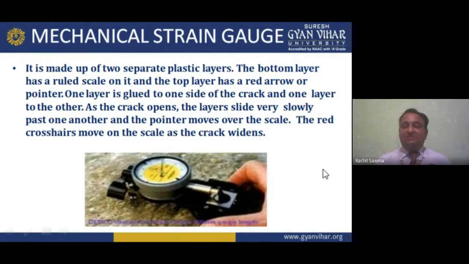In this we have two layers, one having the scale and the other having the pointer that moves on it, so the reading will vary. When a crack widens, we can easily measure it. So that is your mechanical strain gauge.